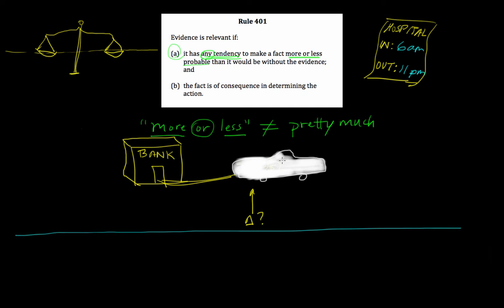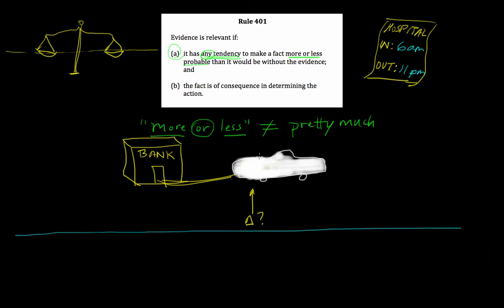Remember how evidence just has to nudge us the slightest bit? Here, the hospital records will probably nudge us a bit more than the testimony about the white car. That's true, but that doesn't mean that the testimony about the white car is less relevant than the hospital records.